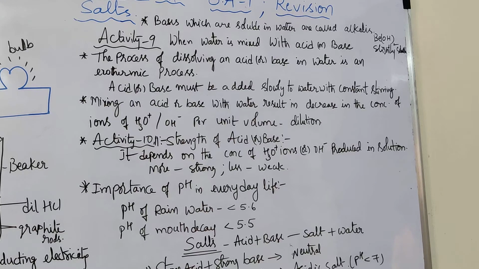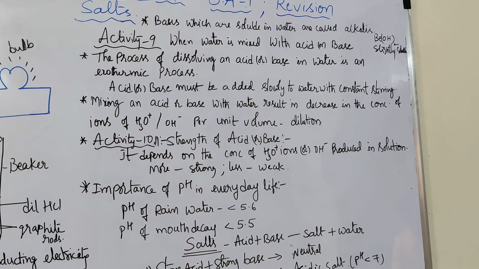By using this universal indicator, a pH of less than 7 comes under acid, exactly 7 is neutral, and more than 7 up to 14 is base. This pH scale depends on the concentration of H3O+ ions or OH- ions produced in solutions.